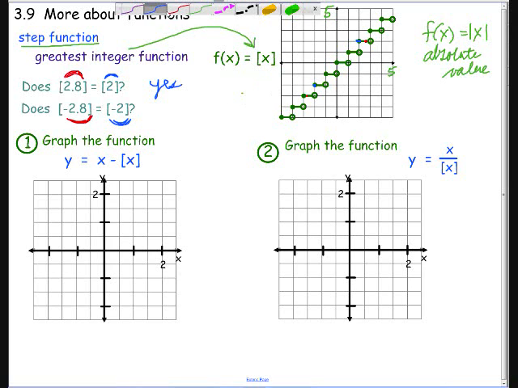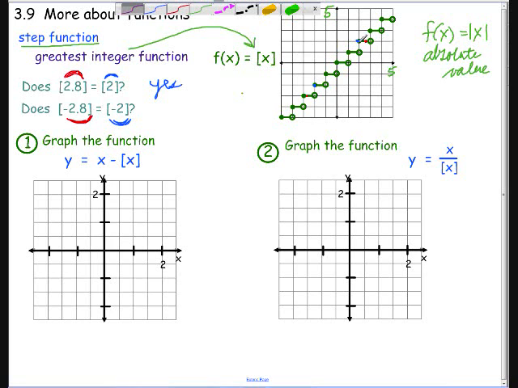Now the reason for that kind of helps us understand what the greatest integer function is. Let's start with 0. 0 is an integer, and in the greatest integer function, the output of this function stays at 0 until it reaches 1. Then it jumps. So it's a discontinuous function. It jumps up to 1, and it stays there until it approaches 2.